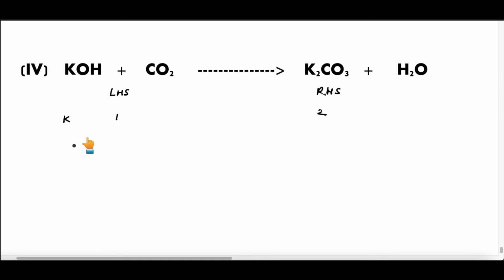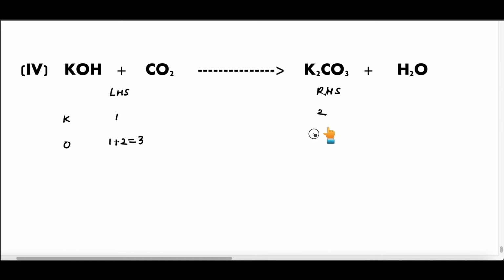But yes, here the secret tip, that if in any chemical equation you have oxygen and hydrogen, then balance these at the last. Now for oxygen, we have 1 plus 2, that is 3 oxygen atoms on the reactant side and 3 times 1 plus 1.